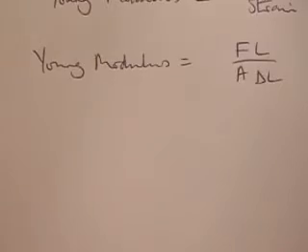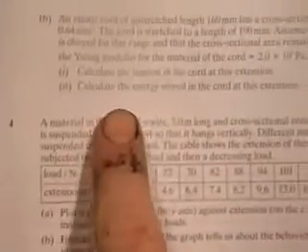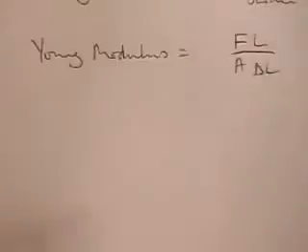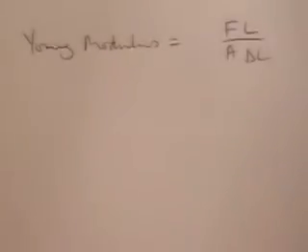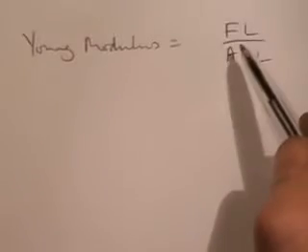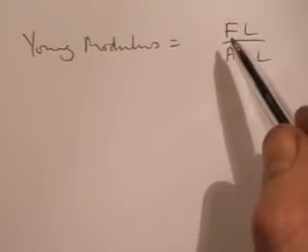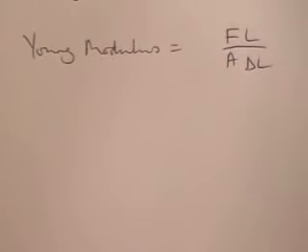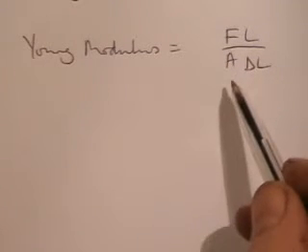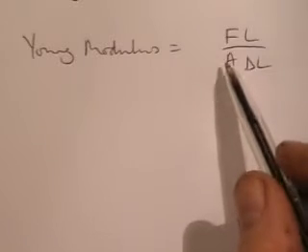And in this question, we're asked to find the tension in the cord. So look at this formula, the tension, that's the pulling force, so that's F. So, do we know the Young's modulus? Yes, it's given in the question. Do we know the cross-sectional area? Yes, it's given in the question.